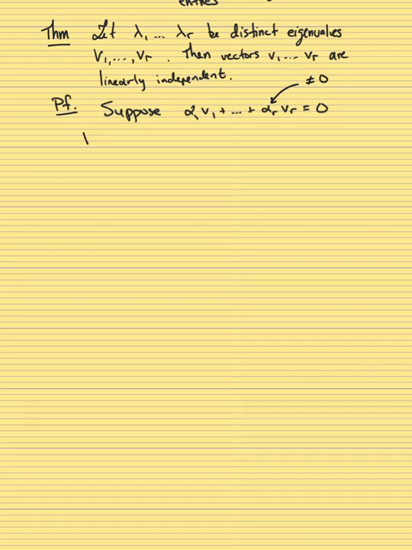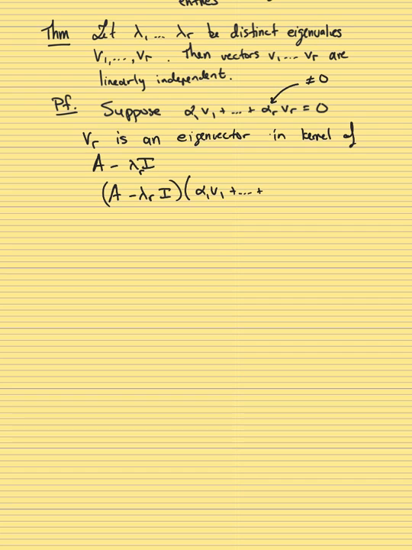Okay, so we know that vr is an eigenvector. So in particular, it's in the kernel of A minus lambda r I. Well, so let's just hit this with the matrix. So we take A minus lambda r I and apply it to alpha 1 v1 up through alpha r vr.